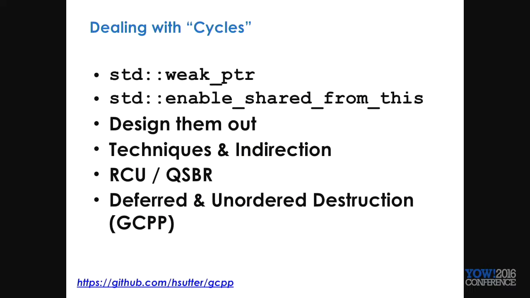It is a form of garbage collection. So you can deal with cycles. Now, the last one there, deferred and unordered destruction, is Herb Sutter's sort of experiment of providing a GC-like ability within the runtime. And it is being looked at for things like C++17 and greater. So there are many different ways to deal with cycles. This is not unique to modern C++.